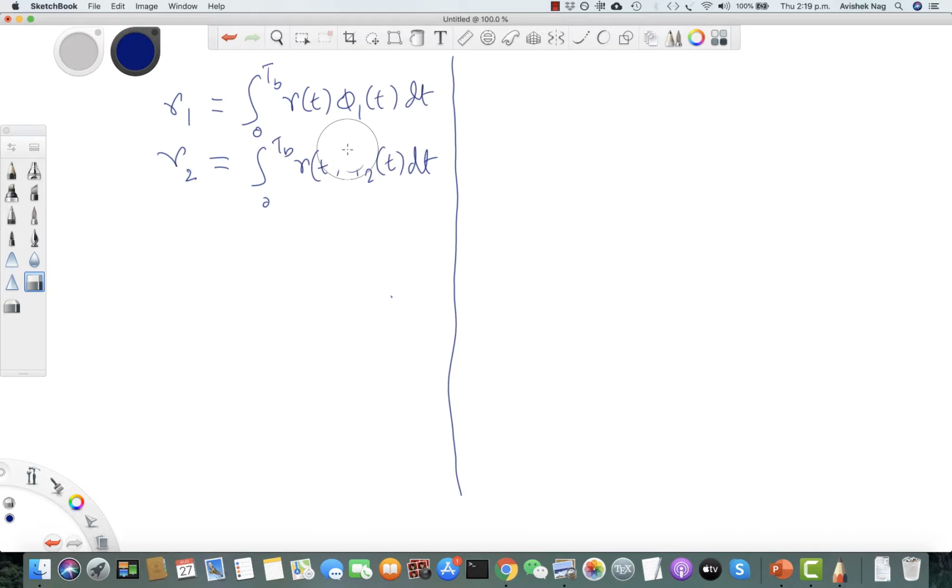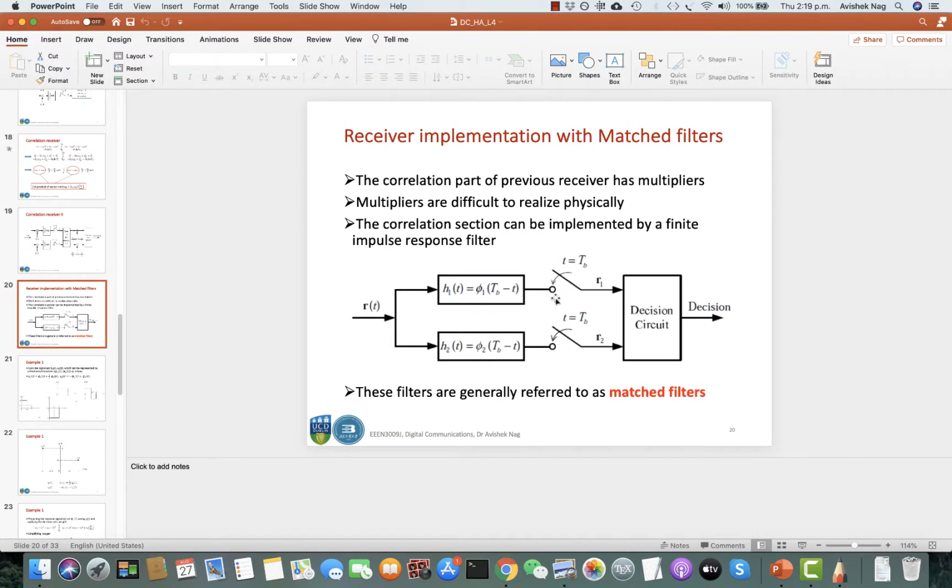Let us define the output of this stage before the sampling as y1(t) and y2(t).